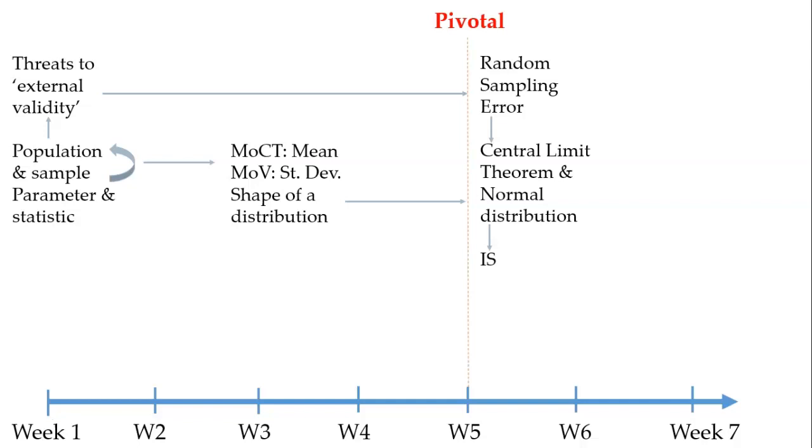Okay, that's when we face these threats to external validity. We learned also these concepts of measures of central tendency and measures of variation, and these ideas of the shape of the distribution, and we put all that knowledge to use in the last week. And the last week was heavy conceptually.